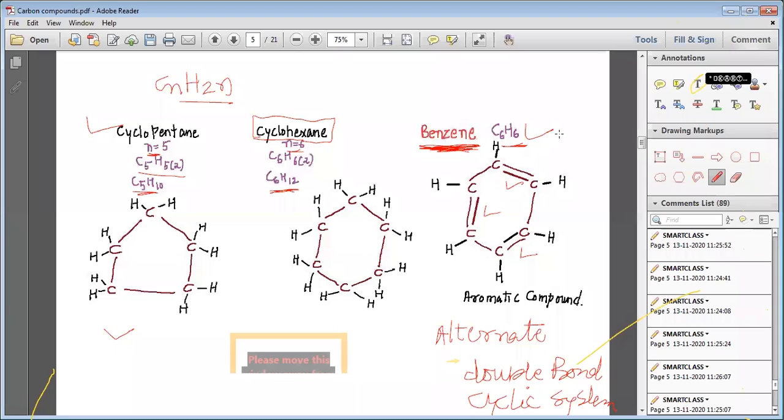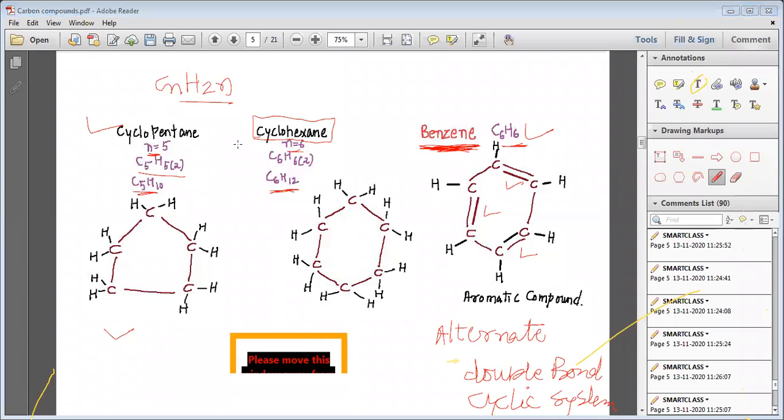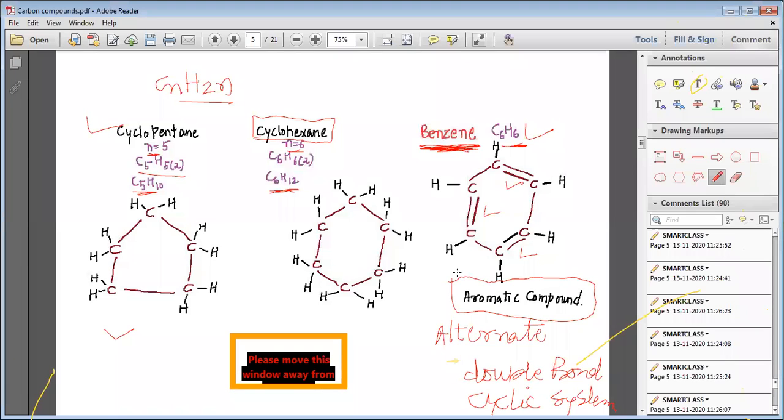So we even study the structure of benzene where we have the alternate double bonds. This is also a cyclic compound, but as it has some special characteristics, this particular compound is known as an aromatic compound. So benzene is an aromatic compound.